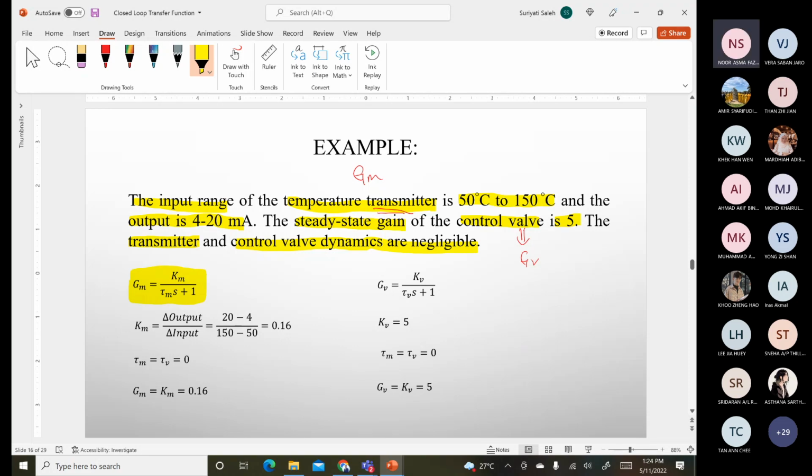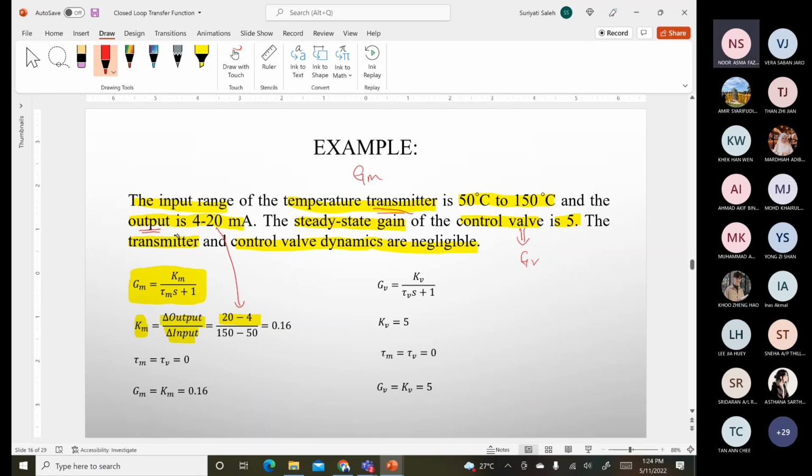In this case, the problem is that the gain is given as a range. So the gain for the measurement needs to be calculated based on the formula delta output over delta input. So the delta output will be 20 minus 4. We take it directly from here.